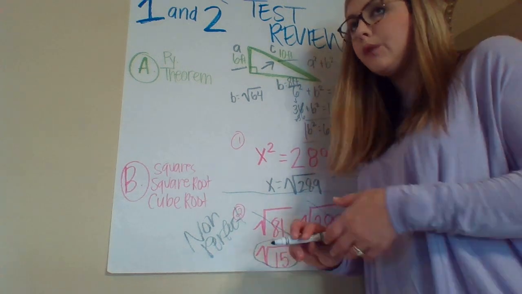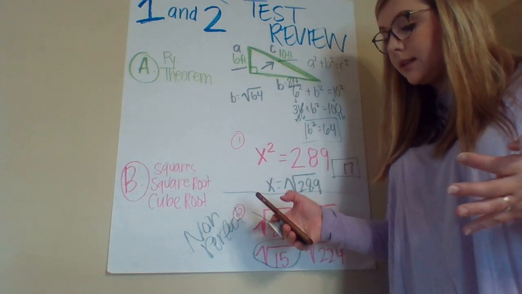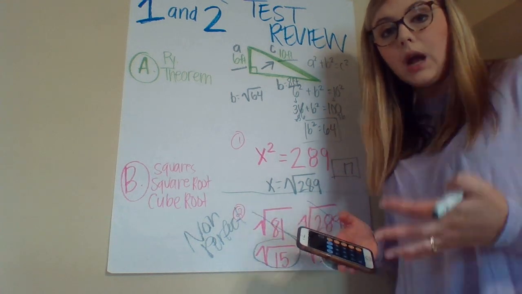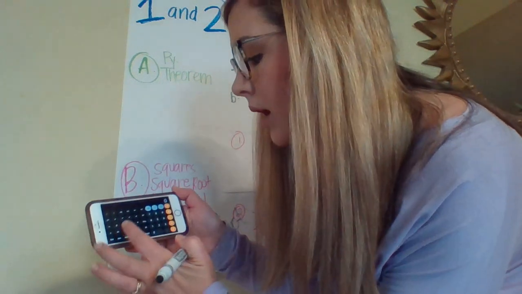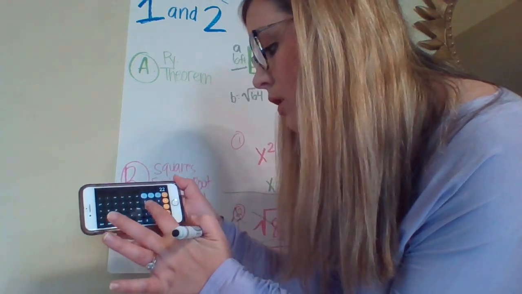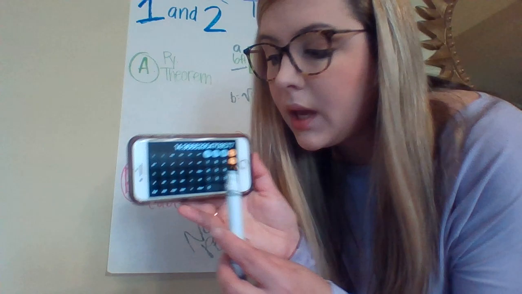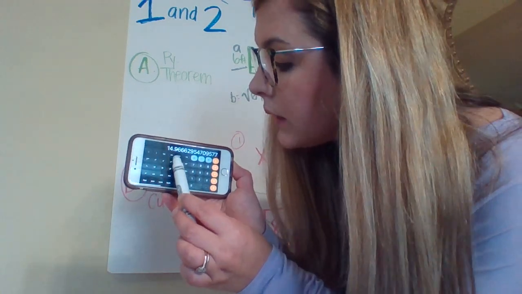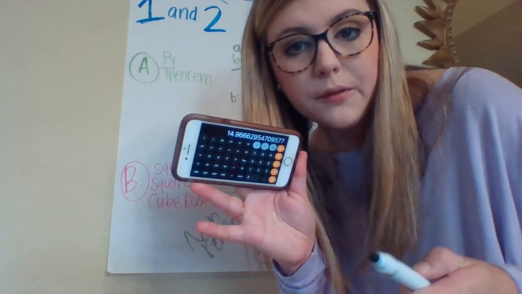224 is a little bit bigger of a problem. If you were unsure, you could guess and check what times tables would be. However, if you wanted to get right to the point, you could enter the square root button once again, 224, and you would see that it is not a perfect square. It's 14.96666 and so on, which is very close to 15.